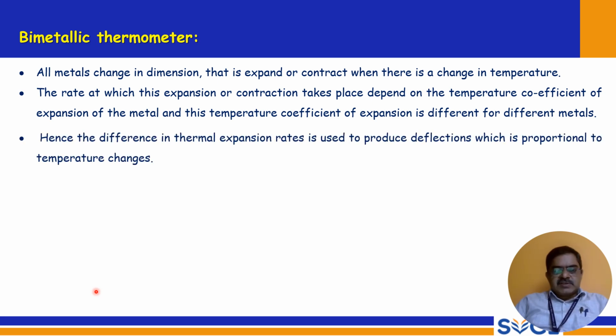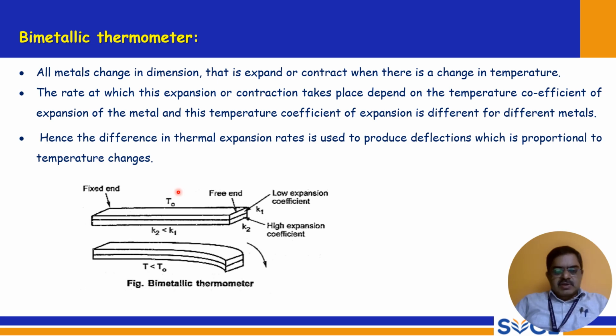Hence, the difference in thermal expansion rates is used to produce deflections proportional to the temperature changes. Here we can see K1 is the low expansion coefficient and K2 is the higher expansion coefficient. That's why it bends like this on temperature difference.